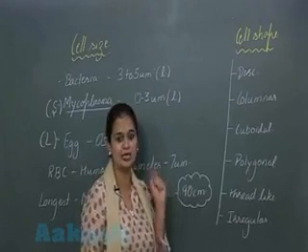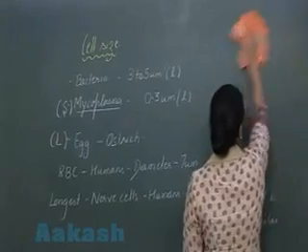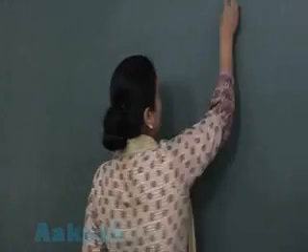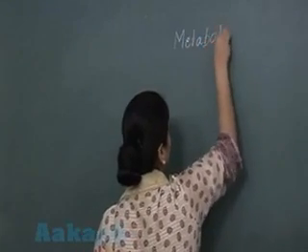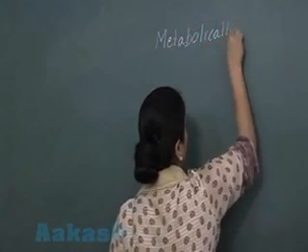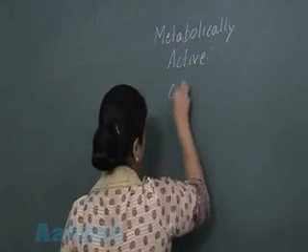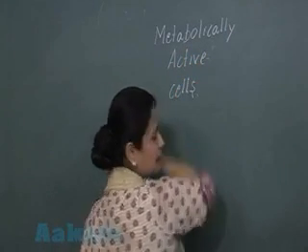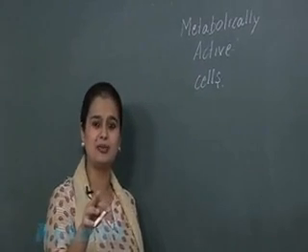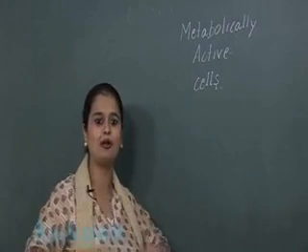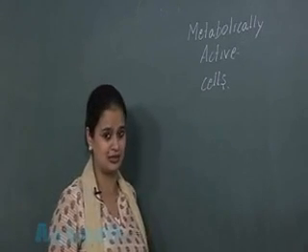So here I will be discussing some important points with respect to the metabolically active cells. It is very well known to all of you that metabolism is the sum total of all the chemical reactions which are occurring inside the cells.